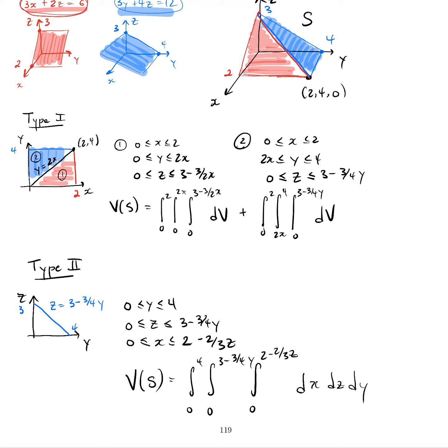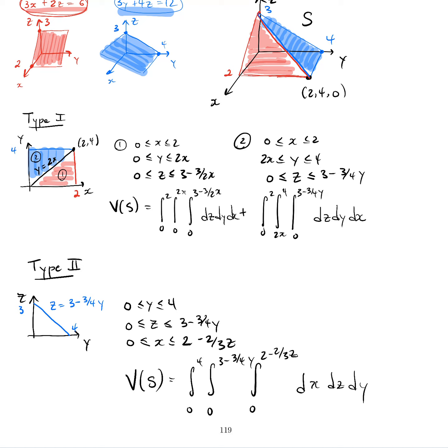That's the order that we went in, which makes me look back at our first. I wrote dv, but we know the order that we went in. That order is given sort of here backwards, z, y, x. So that really should have been dz, dy, dx, and again, dz, dy, dx.